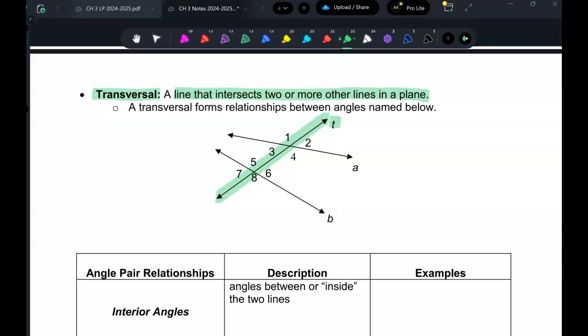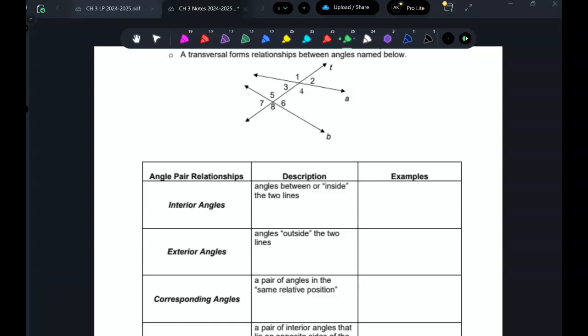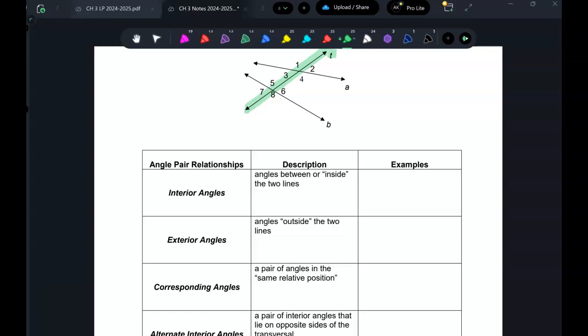And we have separate angle relationships depending on the location of these angles. Now, if I had another line, this would still be the transversal. I would just have another 4 angles that I could look at, okay? So what we want to do is look at the different angle pair relationships.